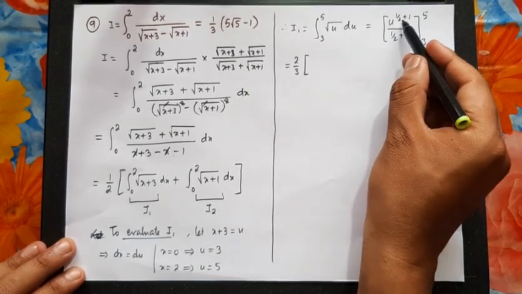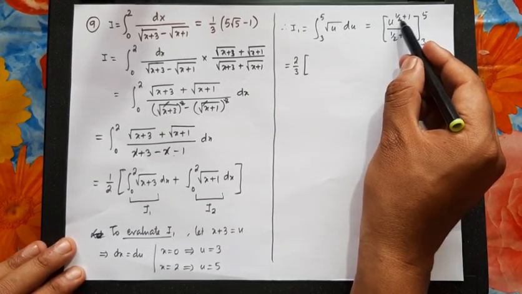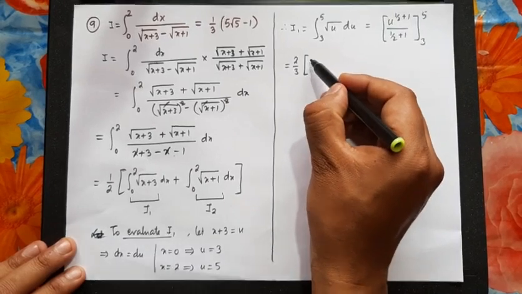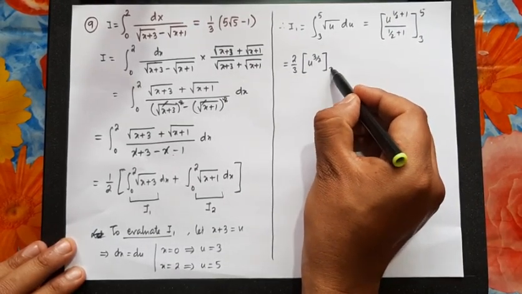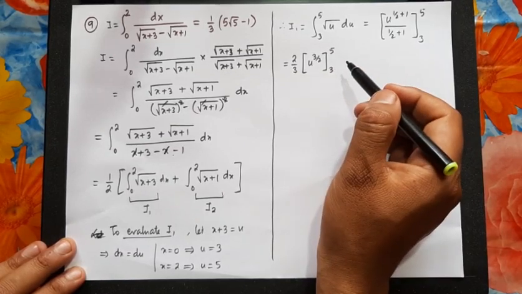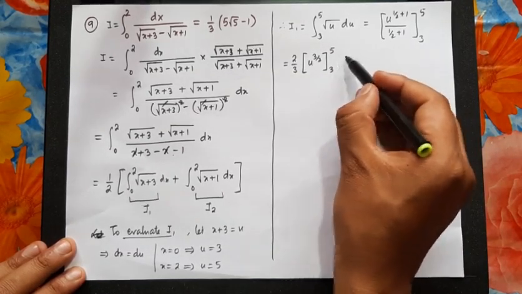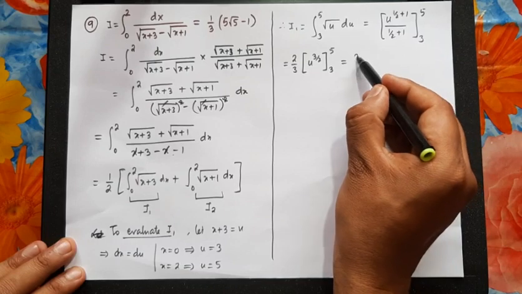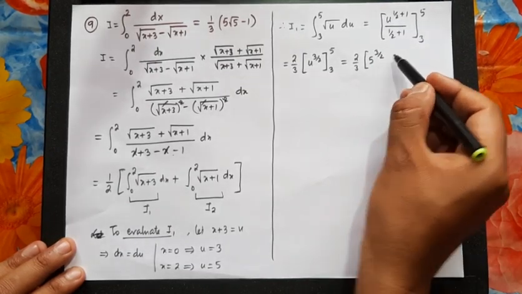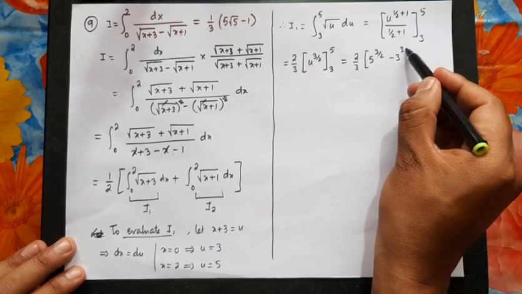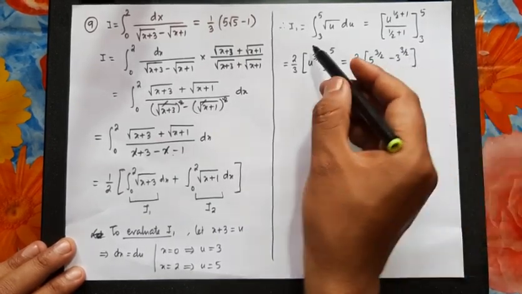So we have 2 by 3, u to the power, how much? u to the power 3 by 2. So lower limit, upper limit. So we have from here 2 by 3, 5 to the power 3 by 2 minus 3 to the power 3 by 2. Okay, so this is my I1.